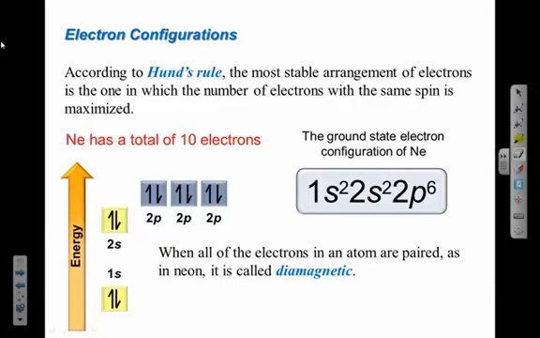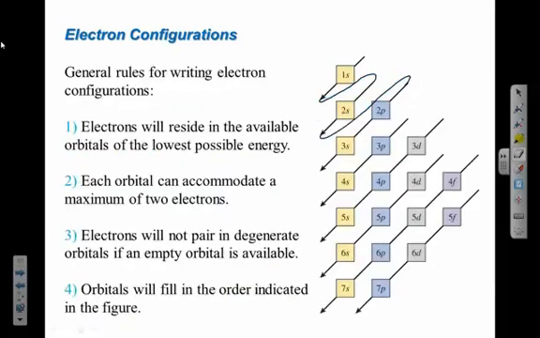So the elements in column 2, and the elements in the last column, the noble gases, because they all have a p subshell that's full. And then these elements here in the last column of the D block, which we'll talk about in a minute, zinc, cadmium, mercury, those elements have a full D subshell. And so only when we have enough electrons to completely fill up a subshell, but not enough electrons to go into a new subshell, that's when we have a diamagnetic element that we're dealing with. So I'll mention more about that in a minute.